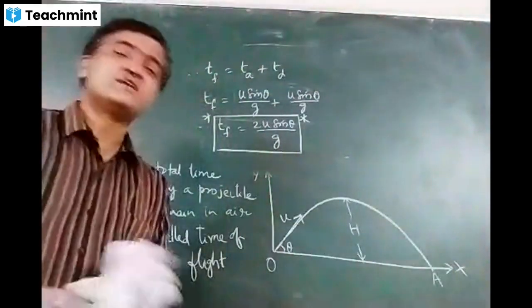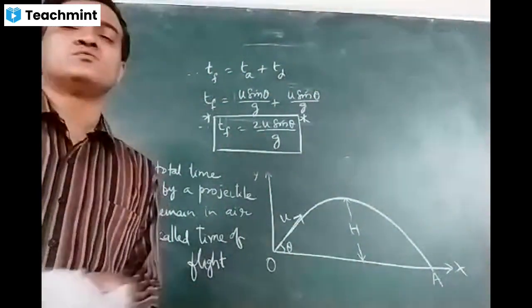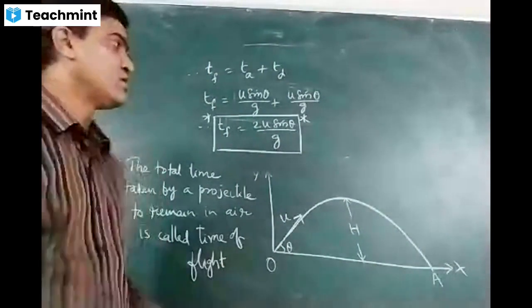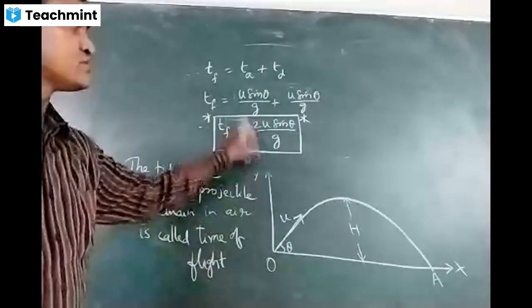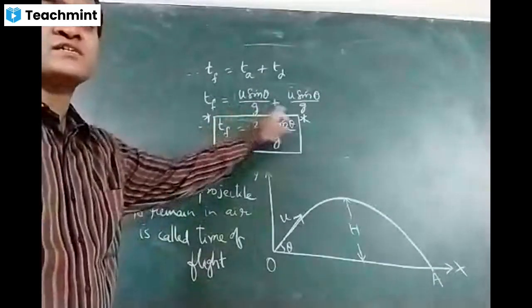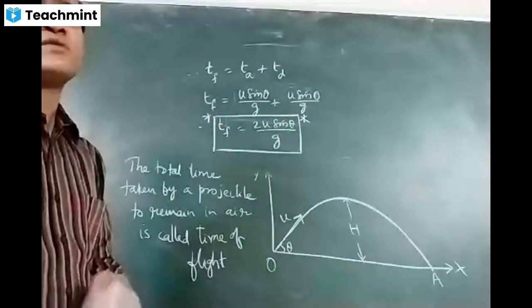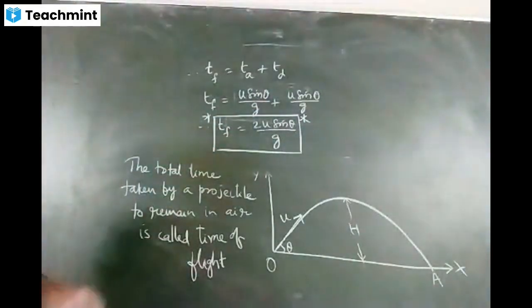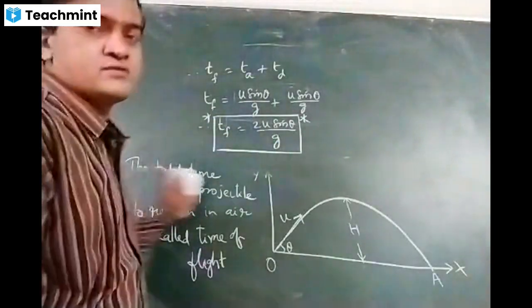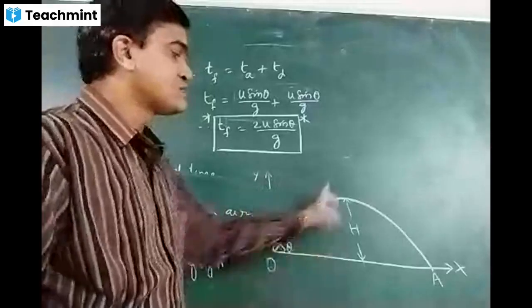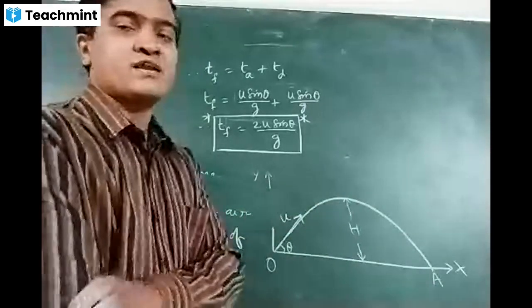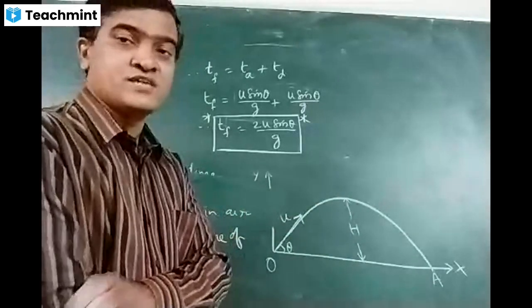Even time of descent is also directly proportional to initial velocity. Right? So time of flight is nothing but the sum of time of ascent and time of descent. We have calculated so far time of ascent, maximum height, and time of descent.